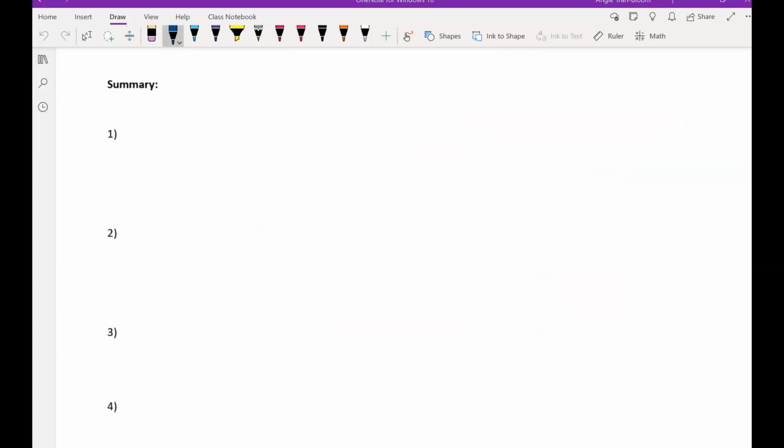Okay, guys, this section was quite long. So let's try to put a summary together. This is what this whole section is really about.